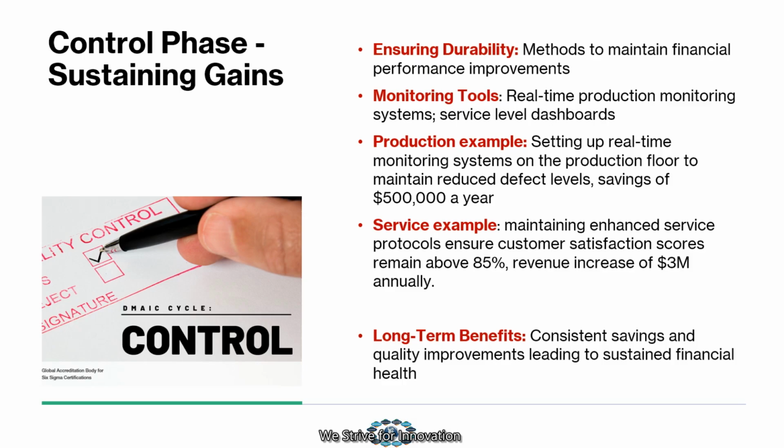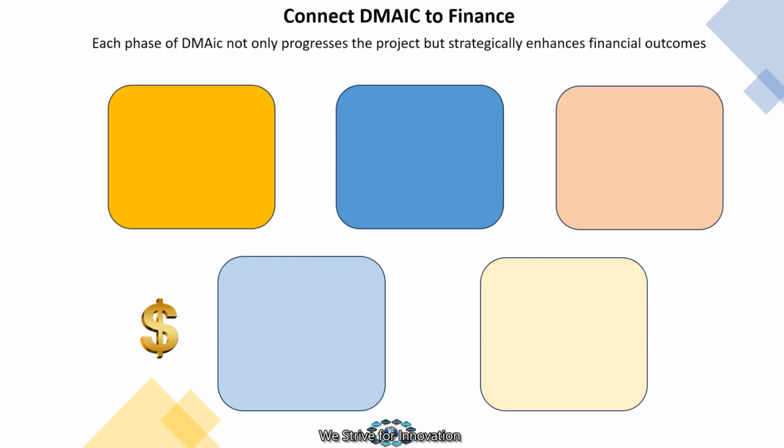So, as we talked about, there are long-term benefits, consistent savings and quality improvement, which will lead to sustained financial health. Now we'll dive into the connection between DMAIC and finance.